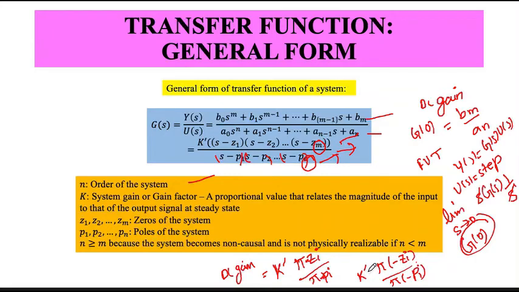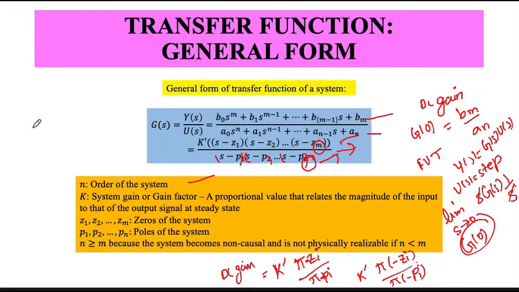One important thing to remember here is that the number of poles is always greater than or equal to the number of zeros. If the system has more zeros than poles, the system becomes non-causal.